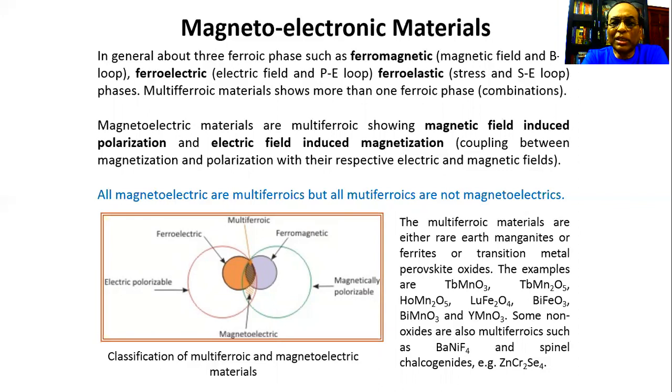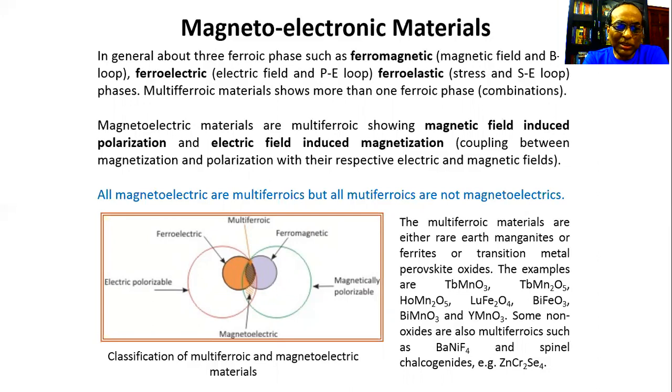Magnetoelectric materials are multiferroic, showing magnetic field induced polarization and electric field induced magnetization. This coupling between magnetization and polarization exists with the respective electric and magnetic fields. All magnetoelectrics are multiferroics, but all multiferroics are not magnetoelectrics. That is the very basic thing.